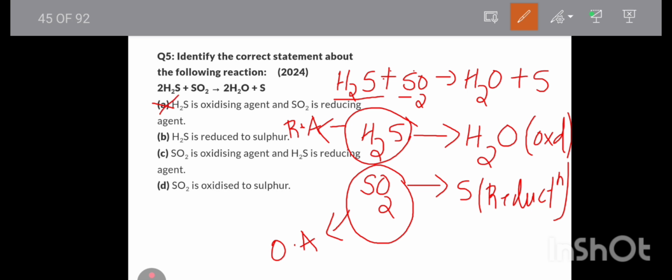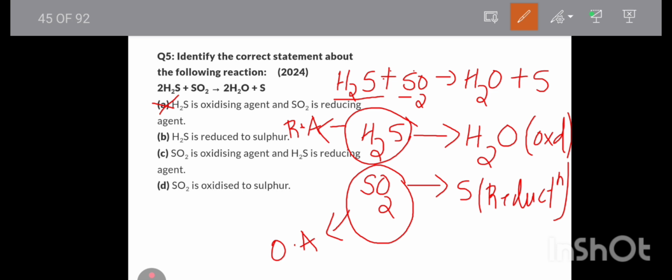Now the second option, H2S is reduced to sulfur. Here you just see, in case of H2S, what is happening? H2S has formed sulfur, right? That is, removal of hydrogen is taking place here.